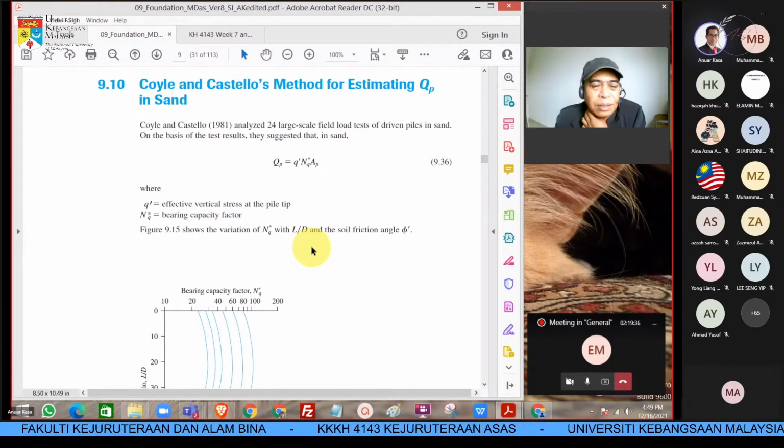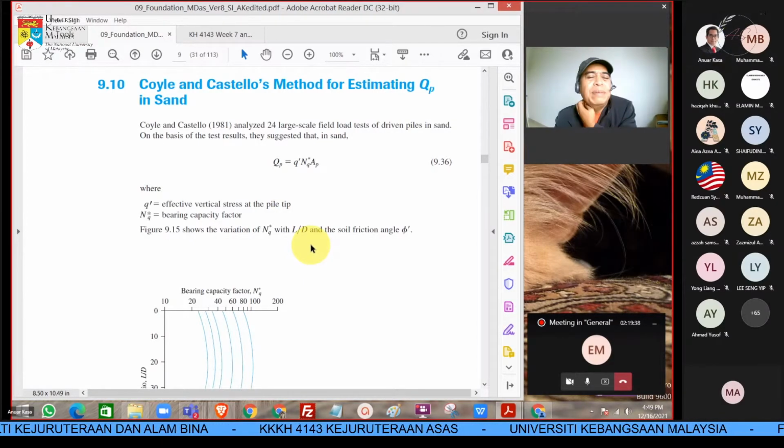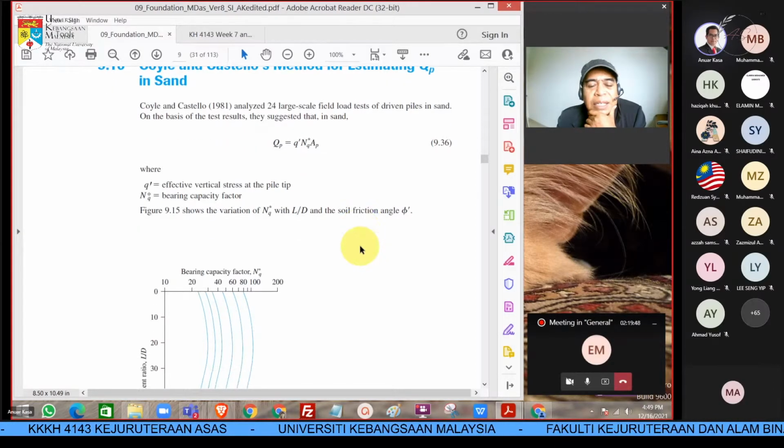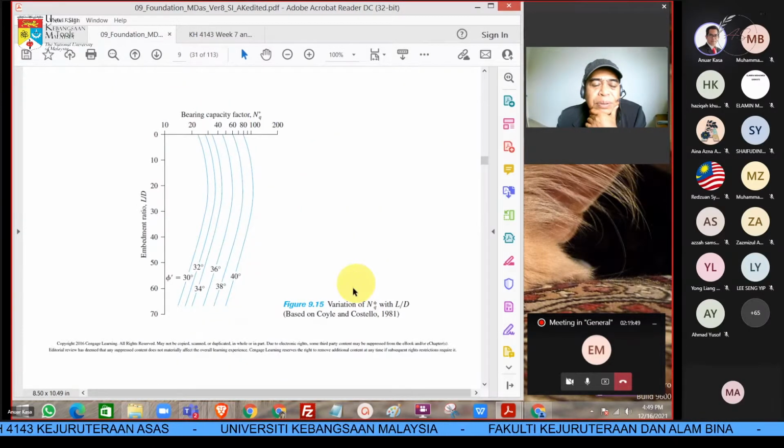Okay, and then there is another method called the Castello method to estimate QP in sand. I think you can go through this one too.